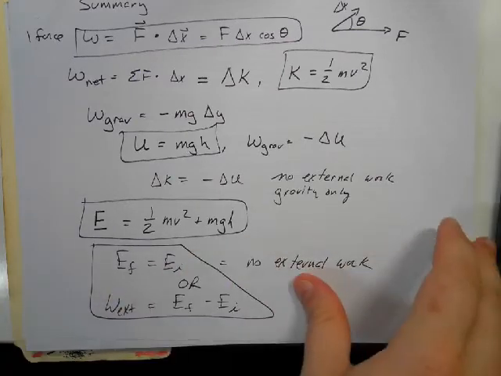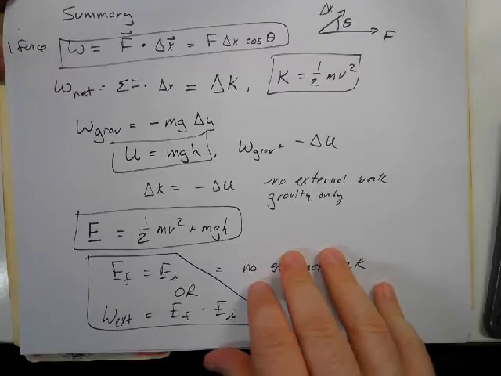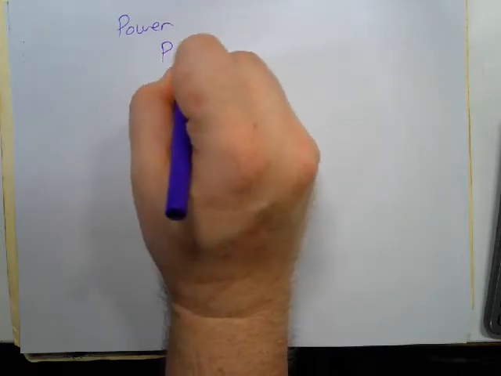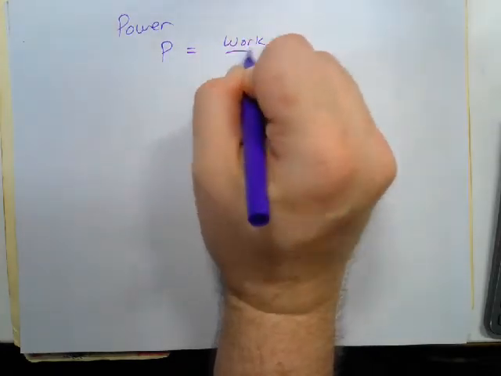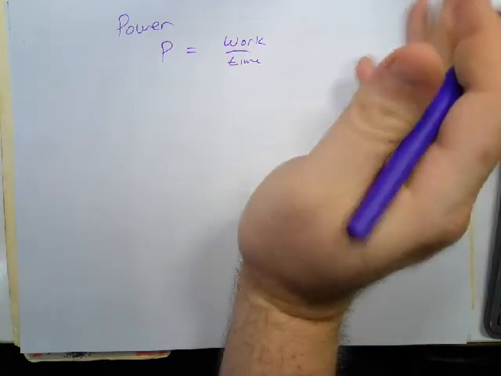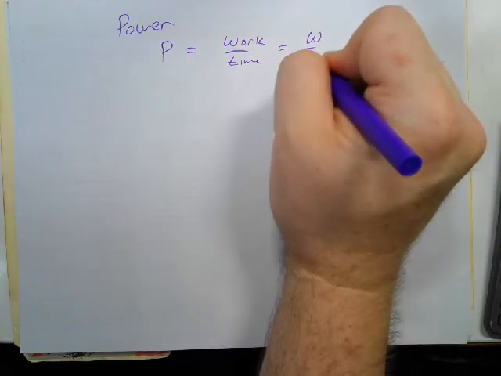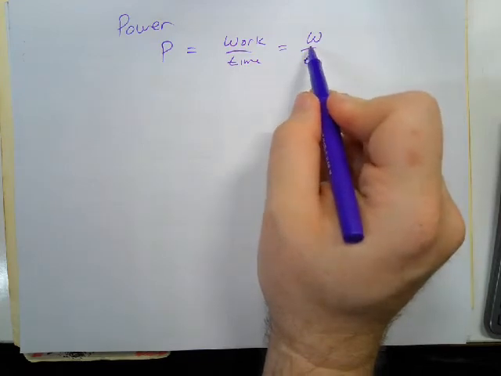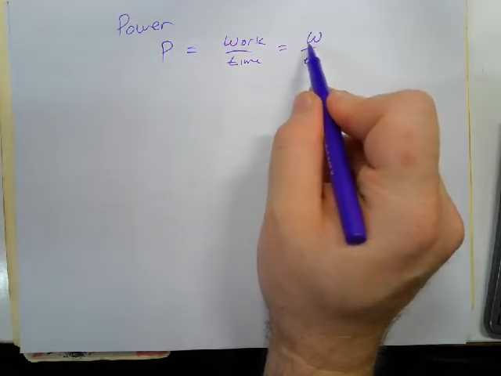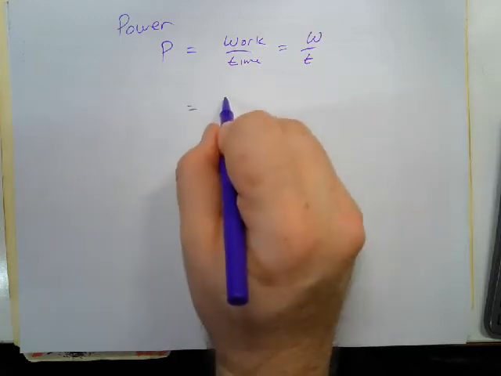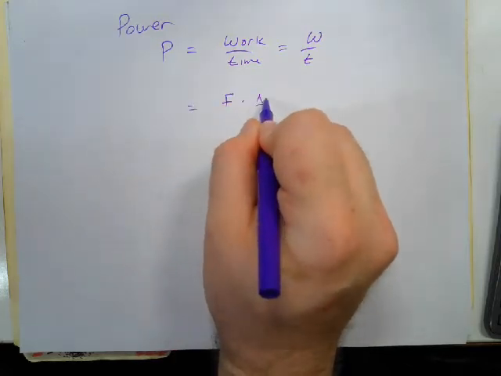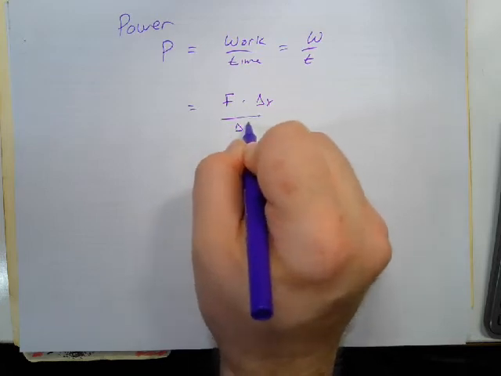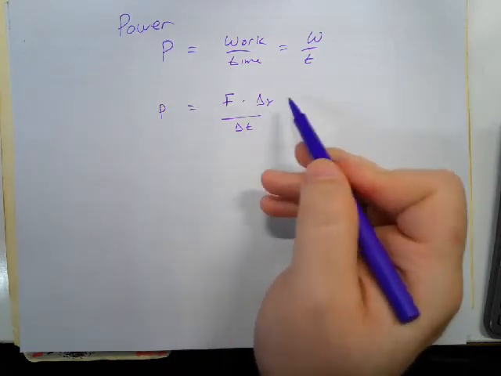All right. So finally, there's one more thing we can ask, because we've never mentioned time in any of this. We can ask the rate at which work is done. So the power, P, is defined as work over time. That's all it is. We can talk about the work, but sometimes it's a little bit easier to go ahead and say that the work is F dot delta x over delta t, just to go ahead and use the definition of work.